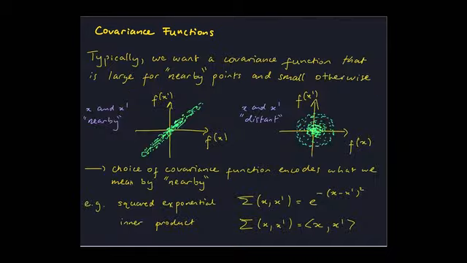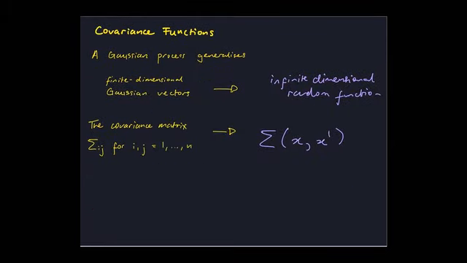An example: in the finite case, the covariance was like e to the minus (i minus j) squared. Here in the continuous case, it would be something like e to the minus (x minus x prime) squared.